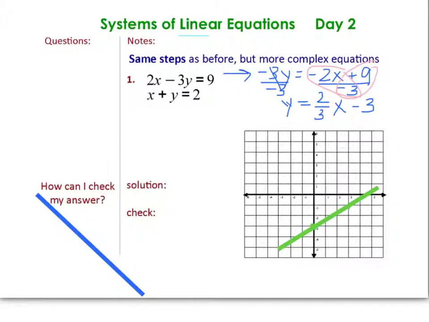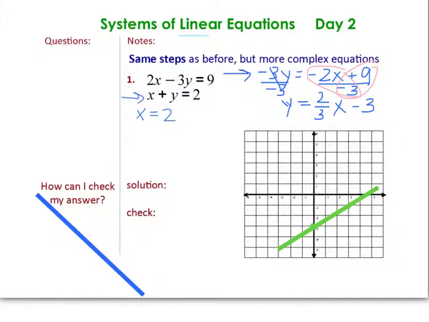Now when I move on to equation 2, because remember, a system has 2 parts or 2 equations, I could do this one looking for my intercepts. x plus y equals 2. If I cover my y's, I get x equals 2.